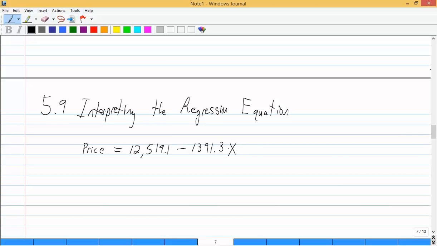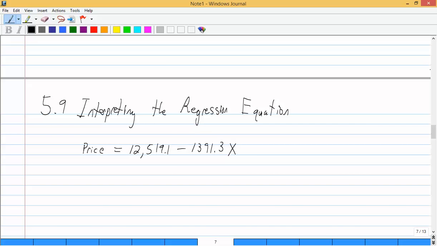So this changes the age of the car, and then the price changes. So if the age was 0, fresh off the lot, maybe we could talk them down to around $12,519. Good luck with that.